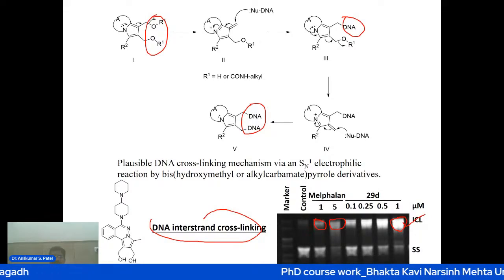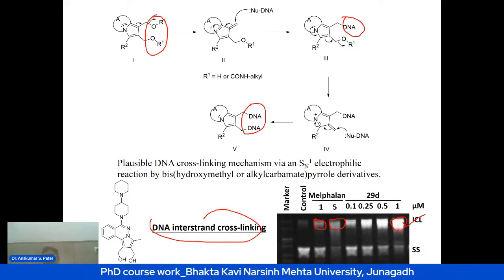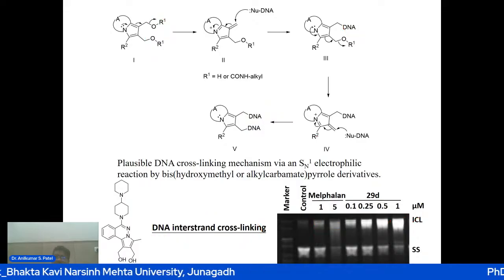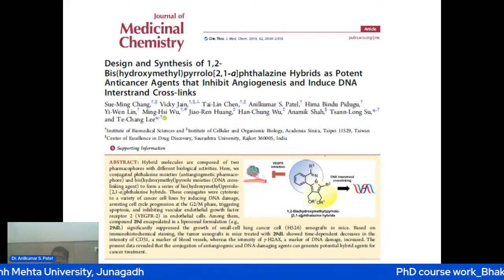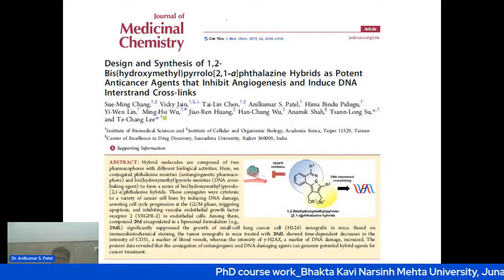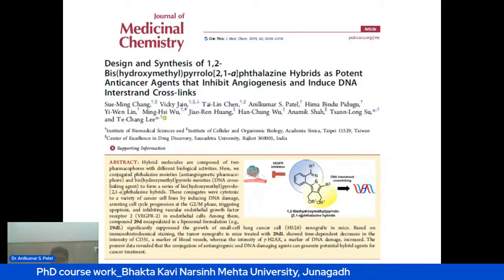We have also checked their in vitro and in vivo activity, and this gives very good biological activity. This work we have published in the Journal of Medicinal Chemistry.